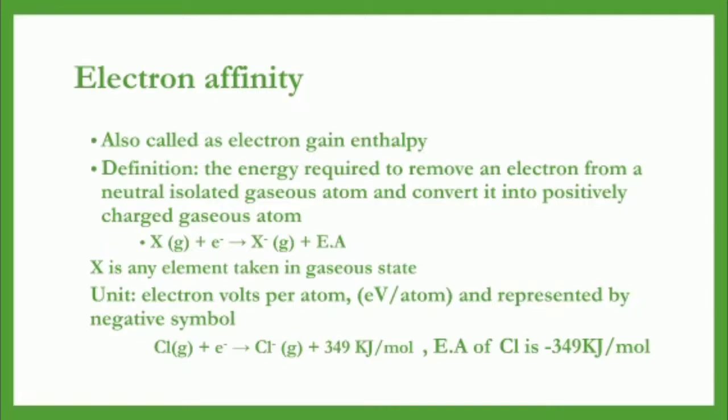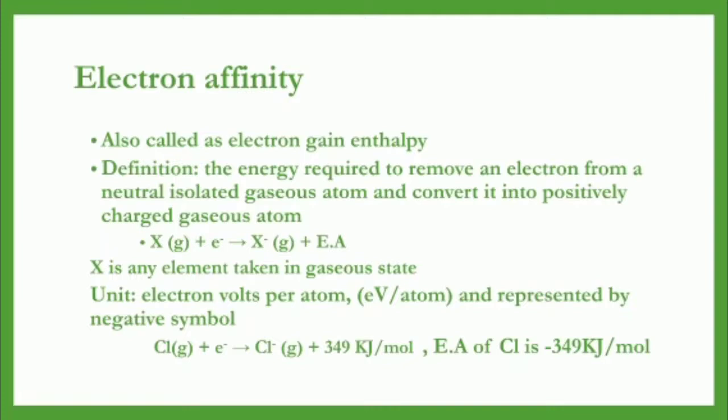I will send you the electron affinity definition. It is the amount of energy released while converting the atom. Ionization potential is the energy required to remove the electron. Here, when a reaction takes place and the atom converts into a negatively charged ion by the addition of electrons, the energy released we call electron affinity.